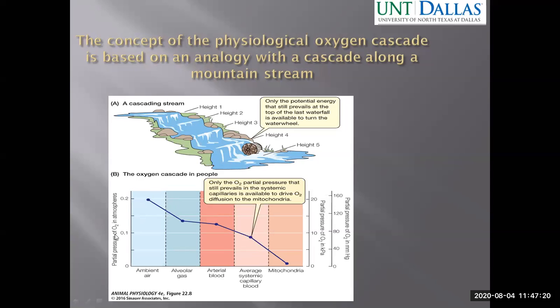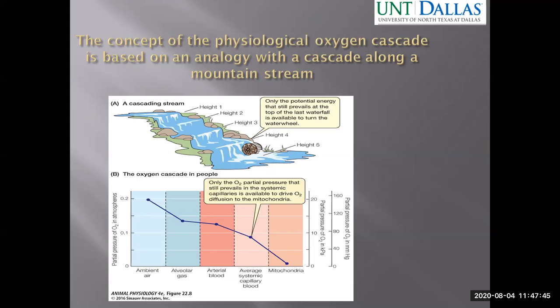Here you can see the partial pressure of oxygen in the atmosphere. It drops from ambient air, then in alveolar gas, then arterial blood, then average systemic blood, and then at the mitochondrion, only the oxygen partial pressure that still prevails in the systemic capillaries is available to drive oxygen diffusion to the mitochondria.